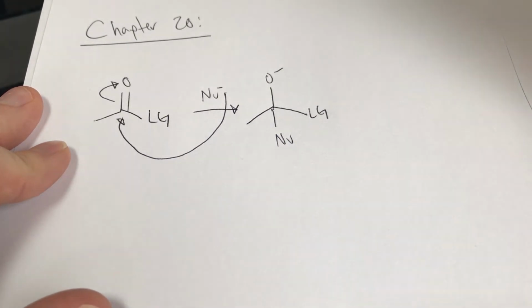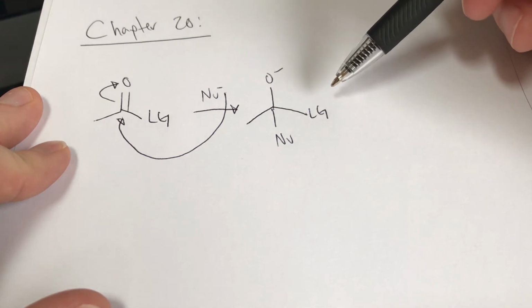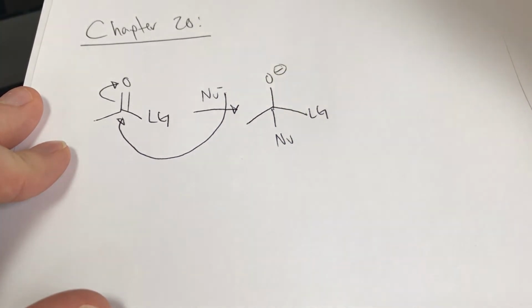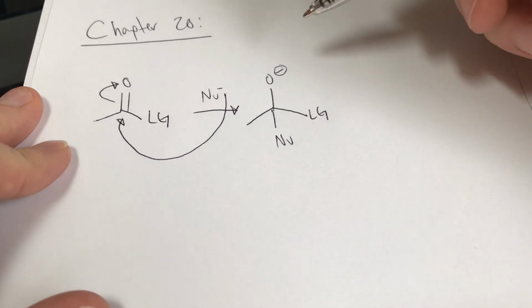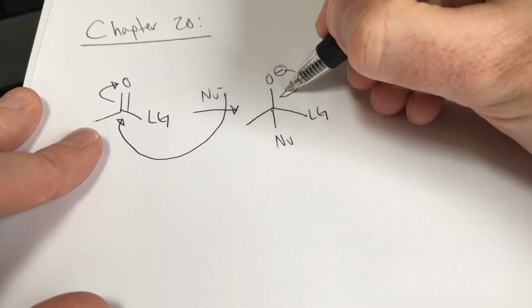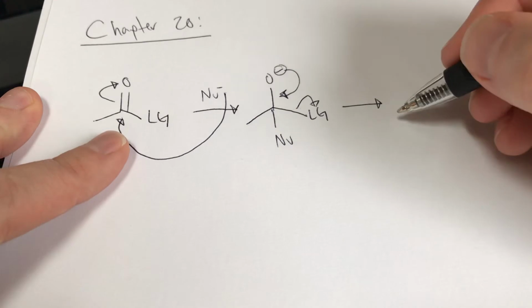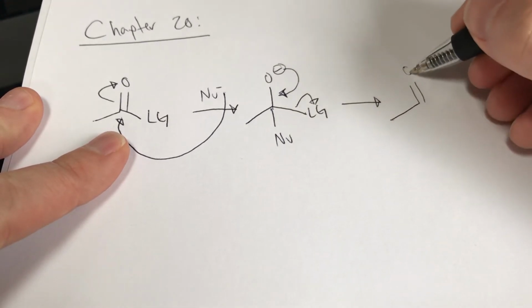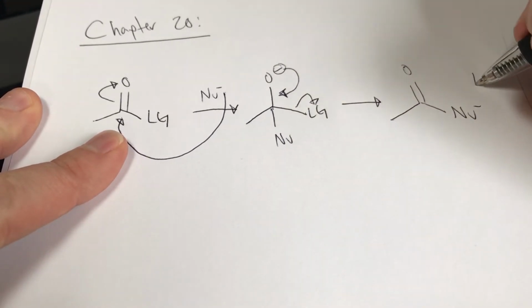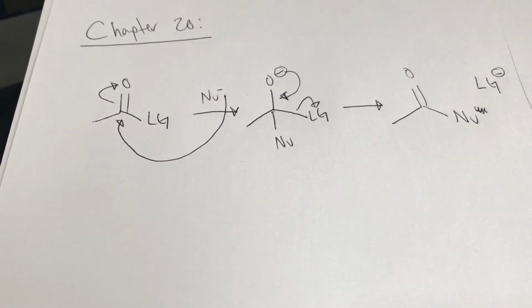So instead of saying, okay, now I'm stuck here, let's add some acid or water or some sort of solvent to turn that into an alcohol, what can happen in these reactions, since you have a decent leaving group, is the double bond reforms and the leaving group breaks off. Oops, not negative charge anymore. Right? So this is a substitution reaction then.